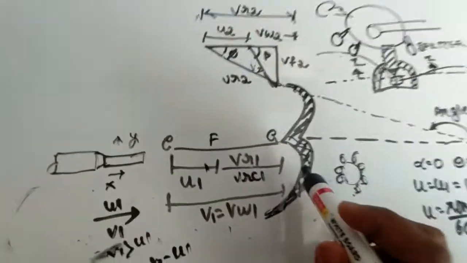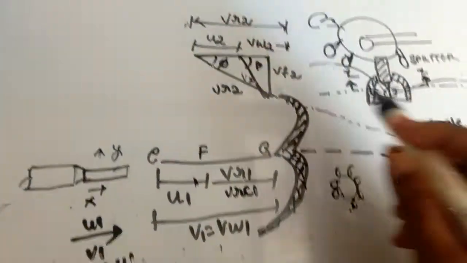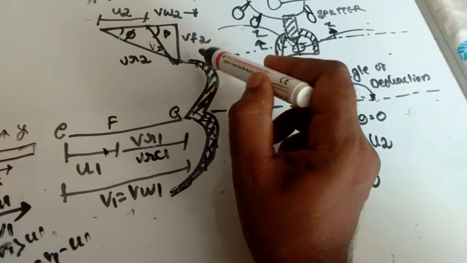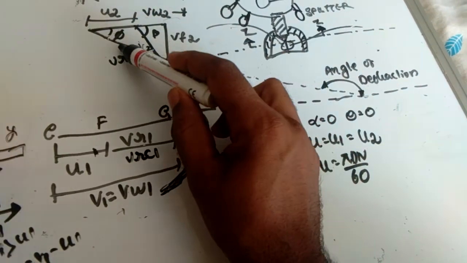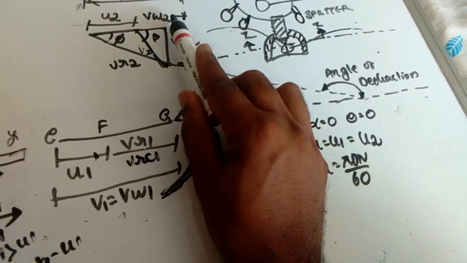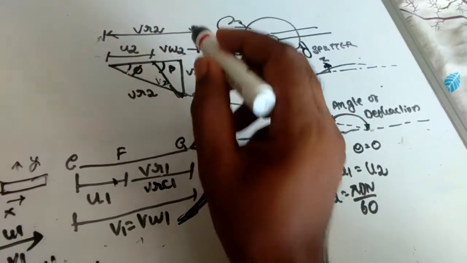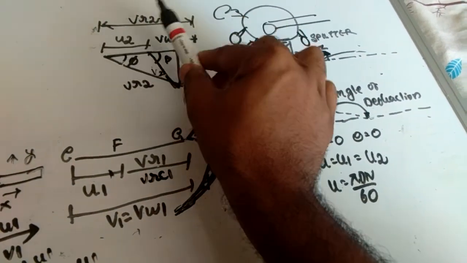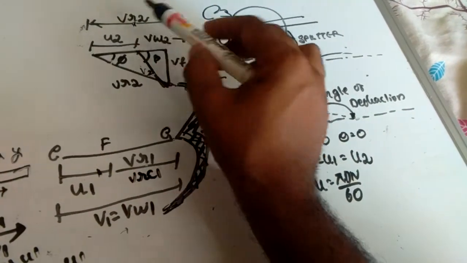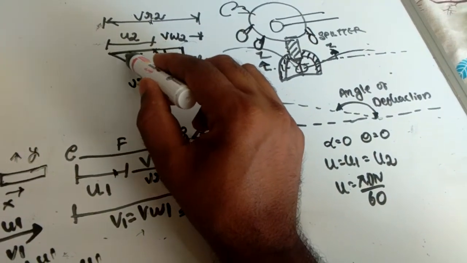If we go to the outlet point, the relative velocity with which the water comes out with respect to the moving plate is VR2. VR2 has two components, one in this direction and another in this direction, the VRC component. The relative velocity is in this direction, and VR2 is also in this direction. This angle it makes is phi.